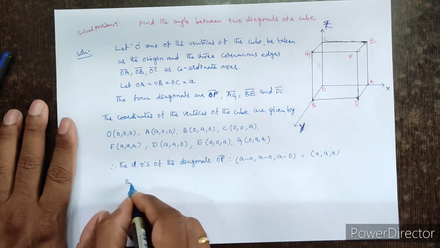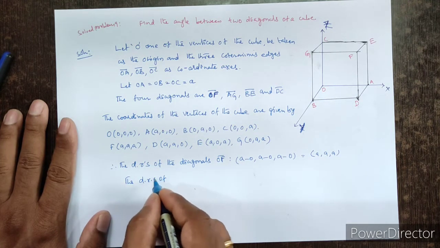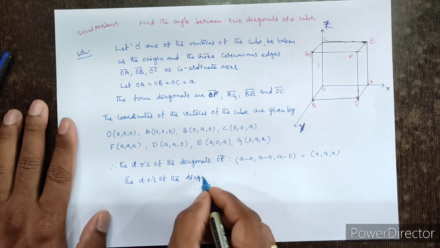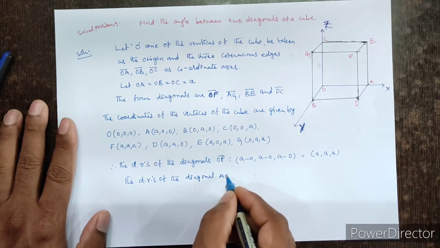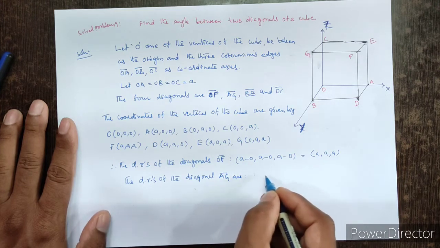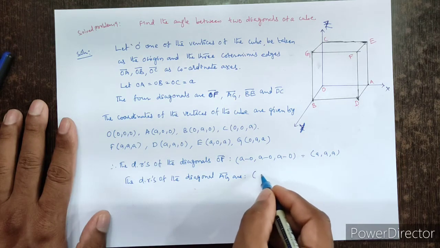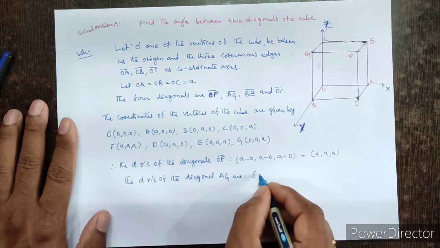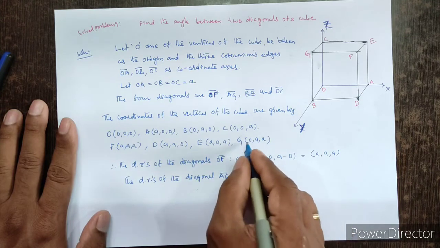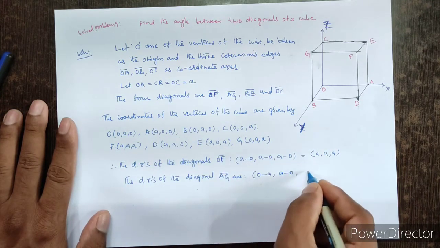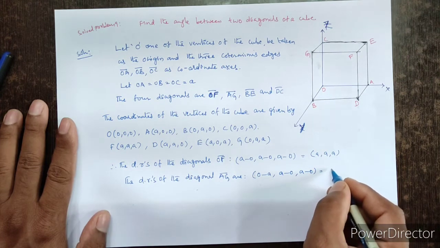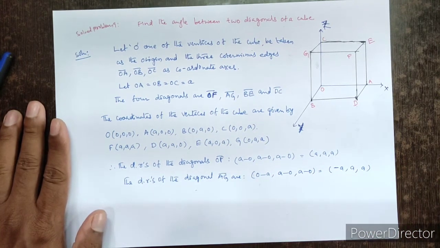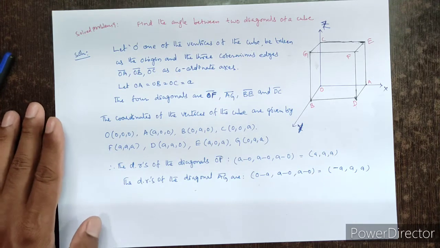Next, the direction ratios of the diagonal AG: G is (0, a, a) and A is (a, 0, 0), so 0 minus a, a minus 0, a minus 0, that is minus a, a, a are the direction ratios of the diagonal AG.